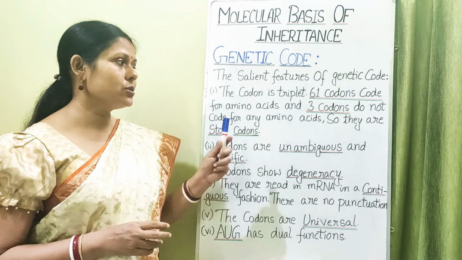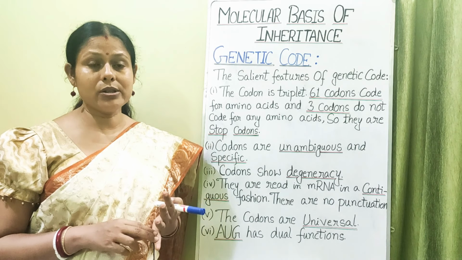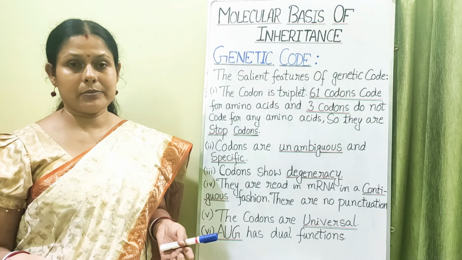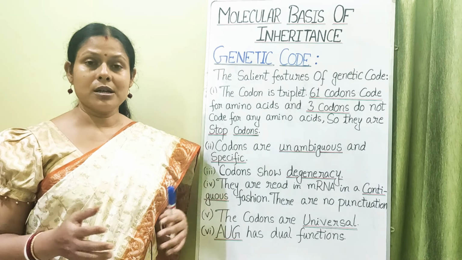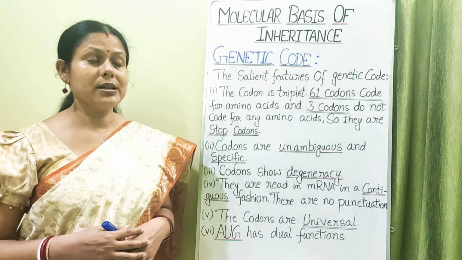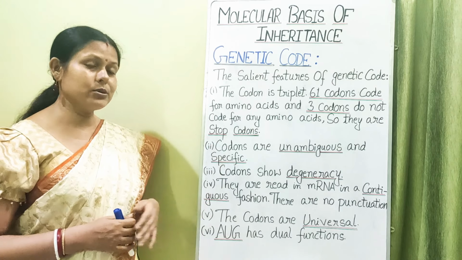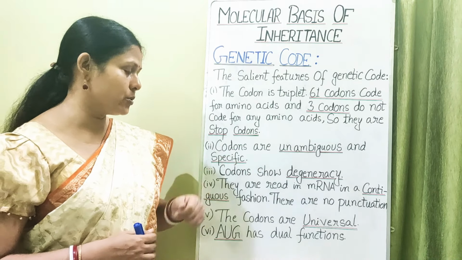Universally, UAA, UGA, and UAG, these 3 codons are the stop codons. They do not code for any amino acids, and the rest 61 codons are responsible for coding the amino acids.